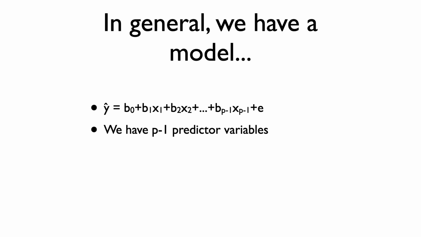We have p minus 1 predictor variables, and one of those, again, is the intercept. We used to call it a, now we're calling it b sub 0. They're the same thing. It's annoying that it's been changed. I didn't do this. Do not blame me. I don't know who to blame. Pick whoever you don't like, blame them.